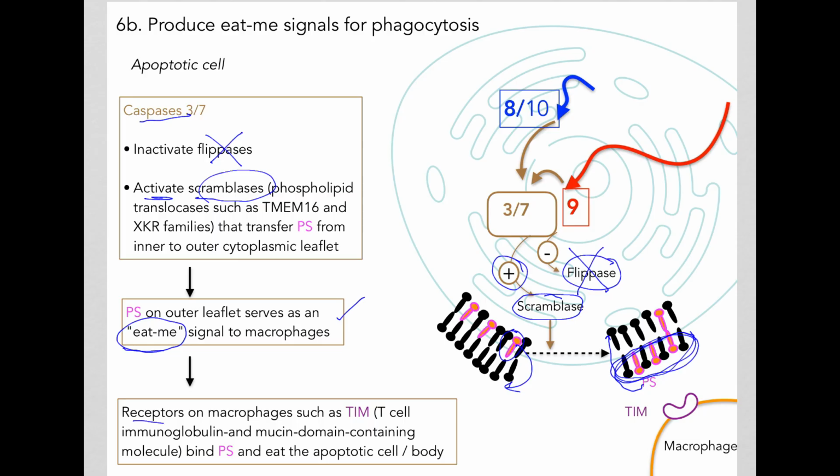And there are receptors on the macrophages such as the TIM receptor, which stands for T cell, immunoglobulin and mucin domain containing molecule. These phosphatidylserine bind to these TIM receptors, and this macrophage will now get attracted, it will be bound to the cell, and it will start eating the dying cell.